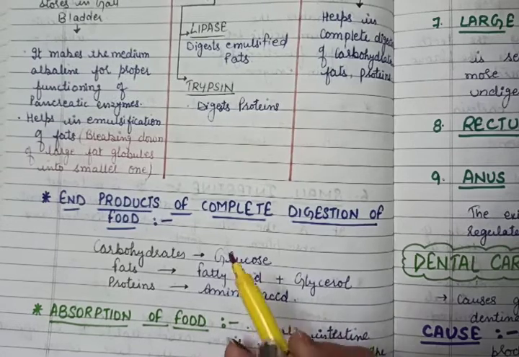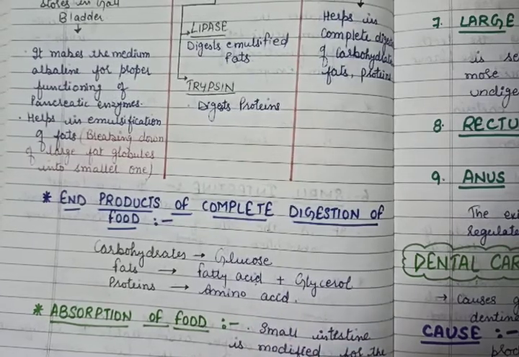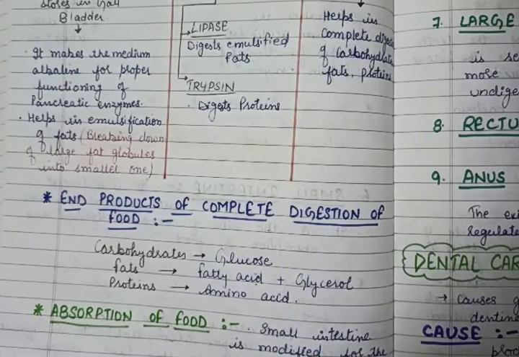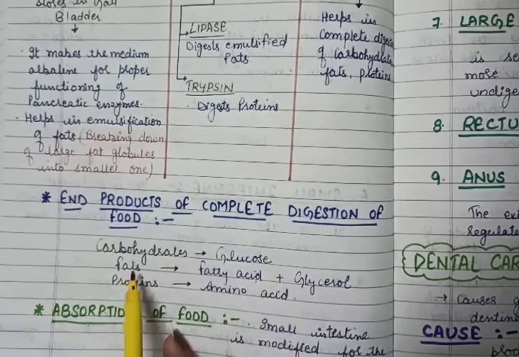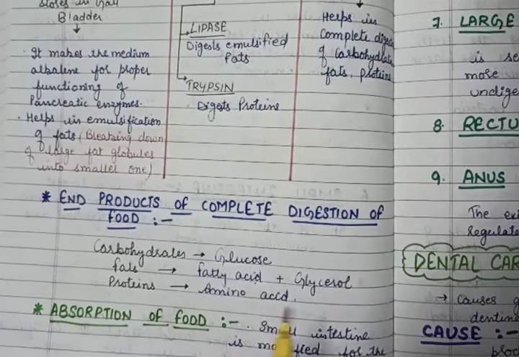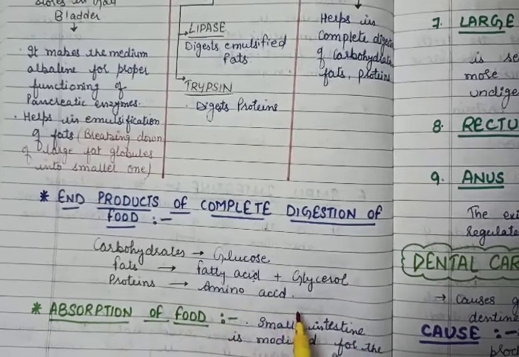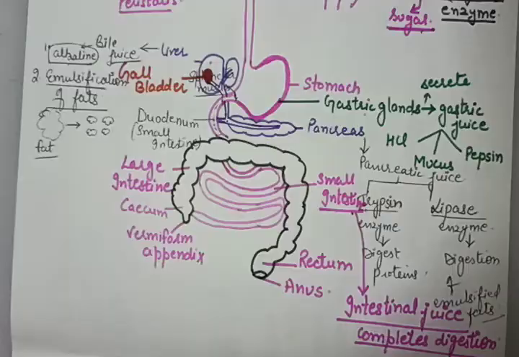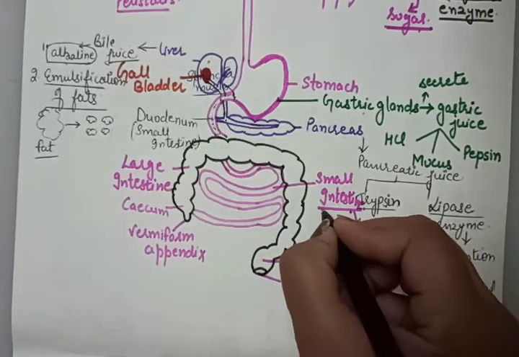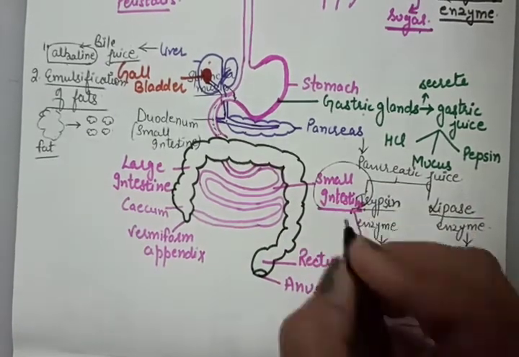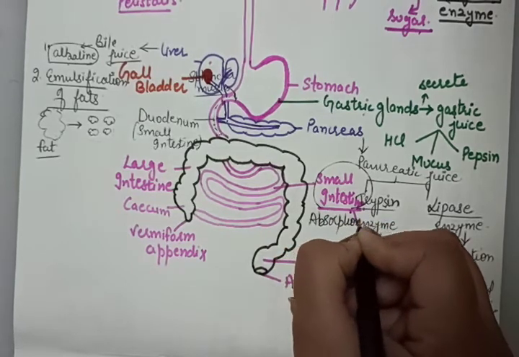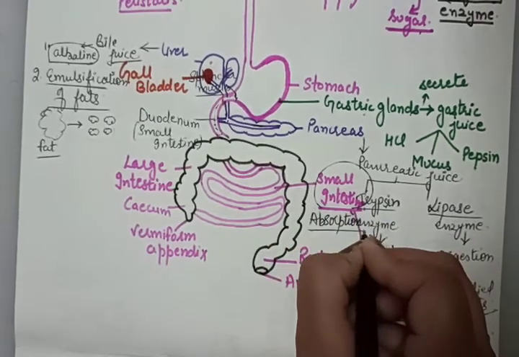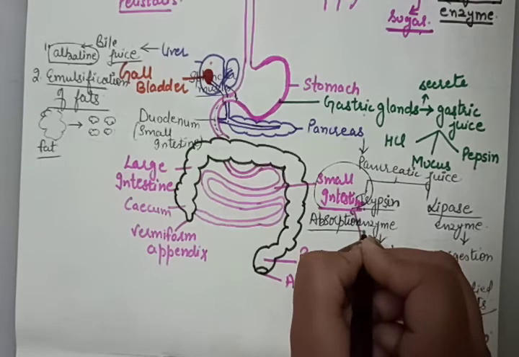So the end products of complete digestion are carbohydrates into glucose, fats into fatty acids and glycerol, and proteins into amino acids. Now one more process occurs here in the small intestine, that is the process of absorption. The food gets digested and the important nutrients get absorbed into the blood.